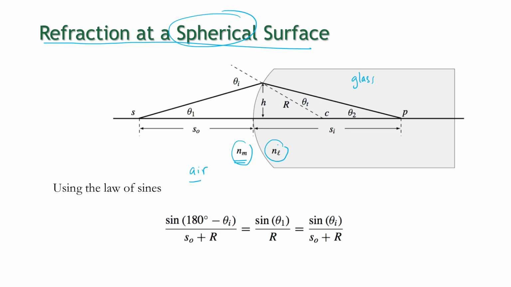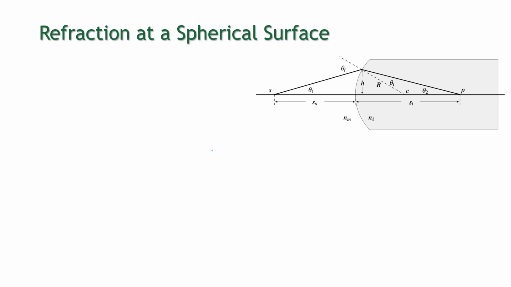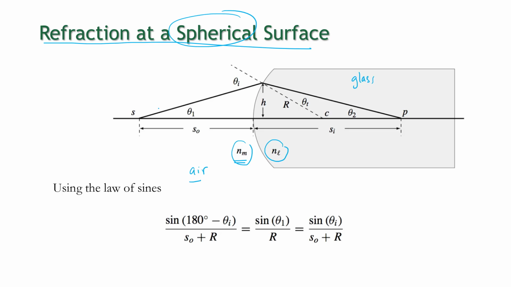So just like before, we can use the law of sines. We will be using that in this case also. So let's see that here. This is for this triangle. So sine of 180 minus theta I, because this is theta I. This is a straight line, so this would be 180 minus theta I, and opposite of that is this side.